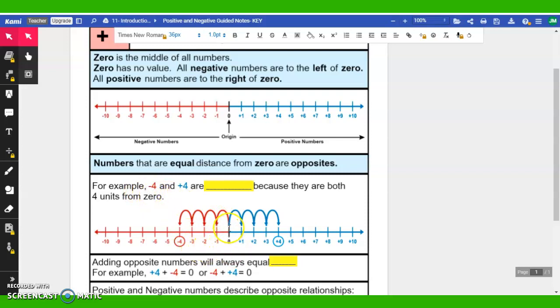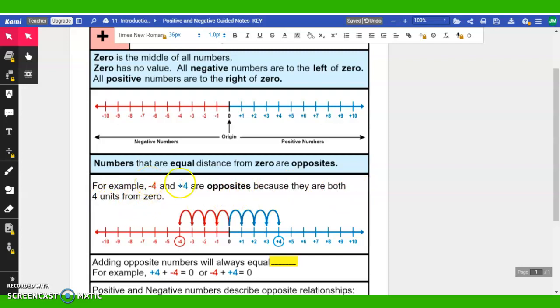If you go over 4 spaces to the left, 1, 2, 3, 4, there's your -4, and then go back to the 0 and go to the right 4 spaces, 1, 2, 3, 4, that's +4. They are opposites because they are both 4 units from 0.